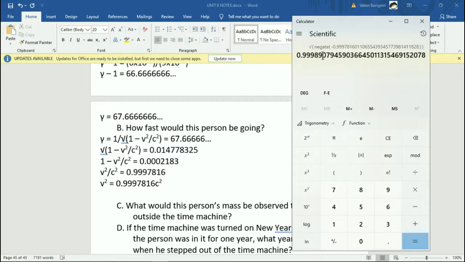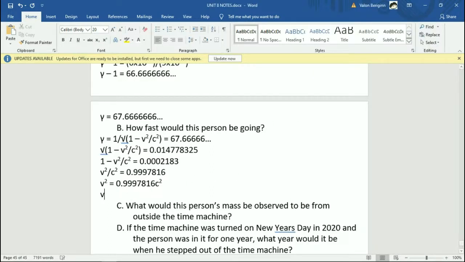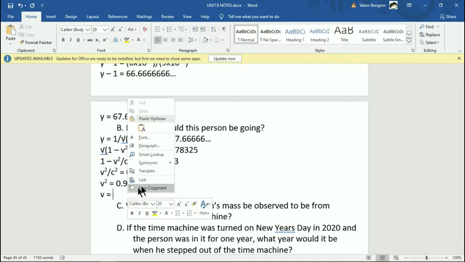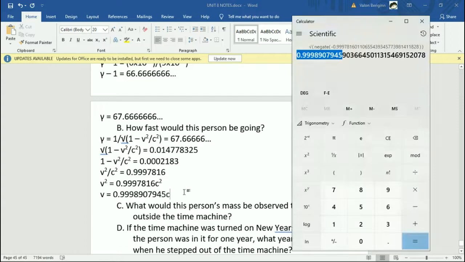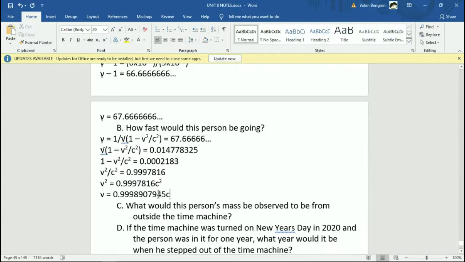Oh boy. I'm going to go pretty precise for this one. Because at this point, since the numbers are, as you can see, very close to the speed of light, it does actually matter. Oh, this should be a 6. Small differences can actually make a big difference here. So this is that times c.